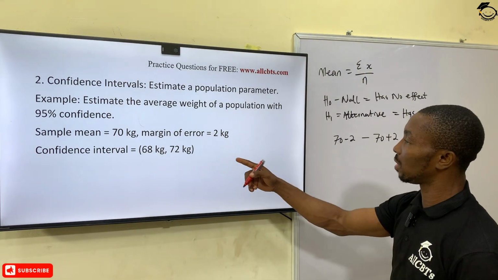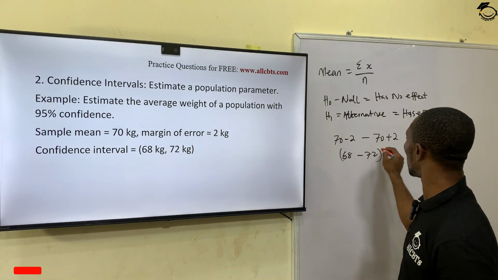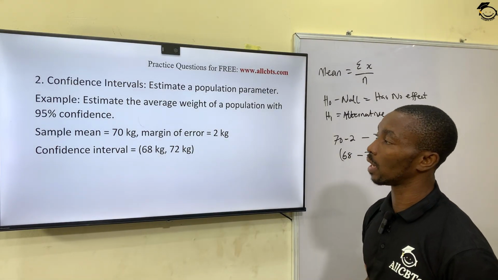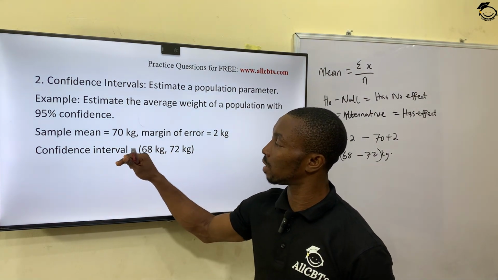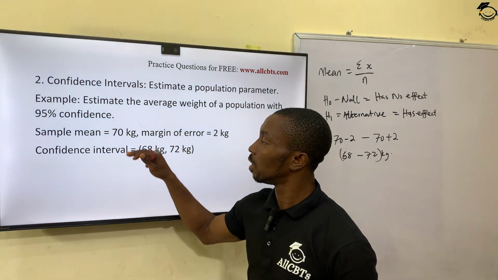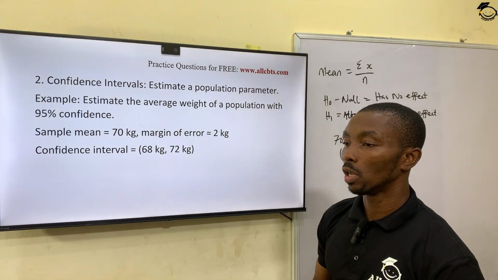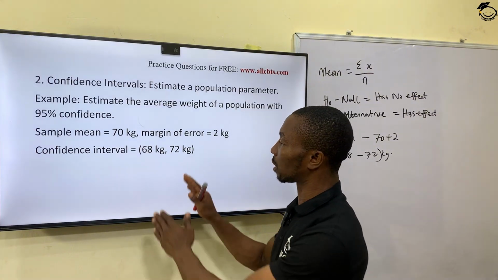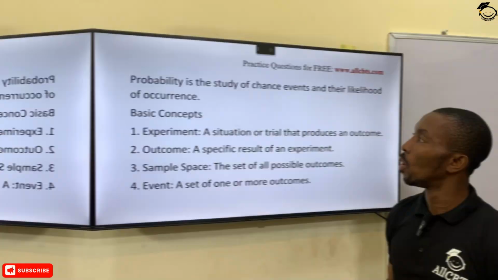So that's why we have 68 to 72 kg as our confidence level. At this confidence level, if it's less than 68, it's unacceptable. If it's greater than 72, it's unacceptable. So it has to fall within our confidence level.